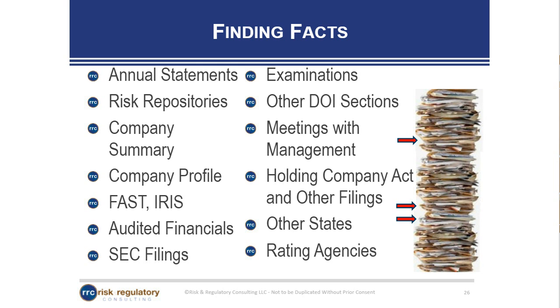Examples of sources that we utilize during the analysis process, obviously we have the annual statement and audited financials, but it's also critically important to use information gathered from communications with company management, holding company filings, and from communication with other states. So somewhere in this huge stack of data is the information you need for a particular risk. And it's the analyst's job to digest all this information and then pick out the key risks impacting each respective company.